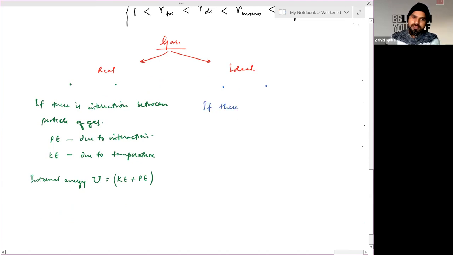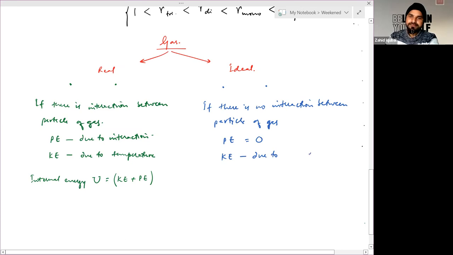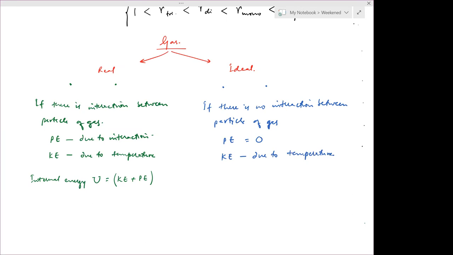If there is no interaction between particles of gas, then in this case the potential energy in this particular system will be 0. So it will have only kinetic energy due to temperature. Mamuna, is it clear? Yes, sir.